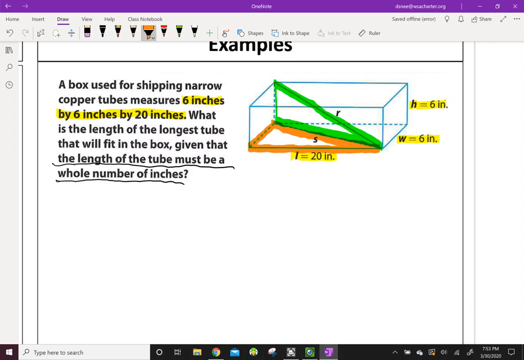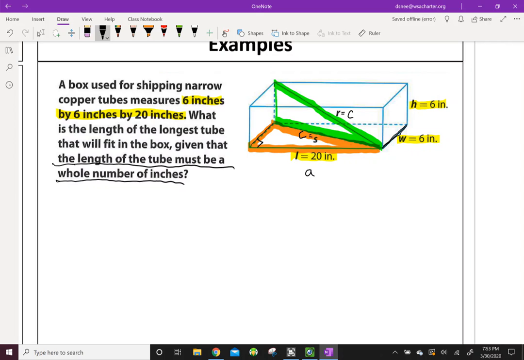Because I have these two right triangles here. I know the corners of this rectangle are right angles, right? So this is a right angle right here. That's 90 degrees. So side S is actually side C, and side R is actually side C. And then side L, which is 20 inches, well, that could be A or B. And then the other side, this side right here, is 6.